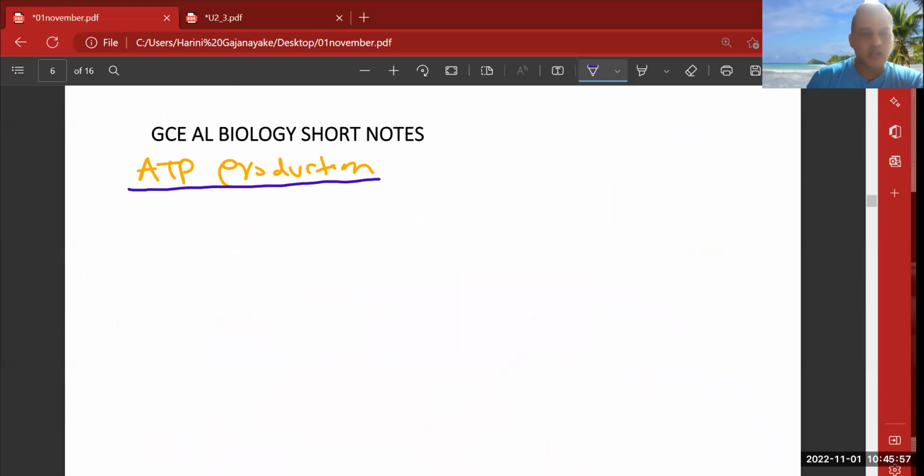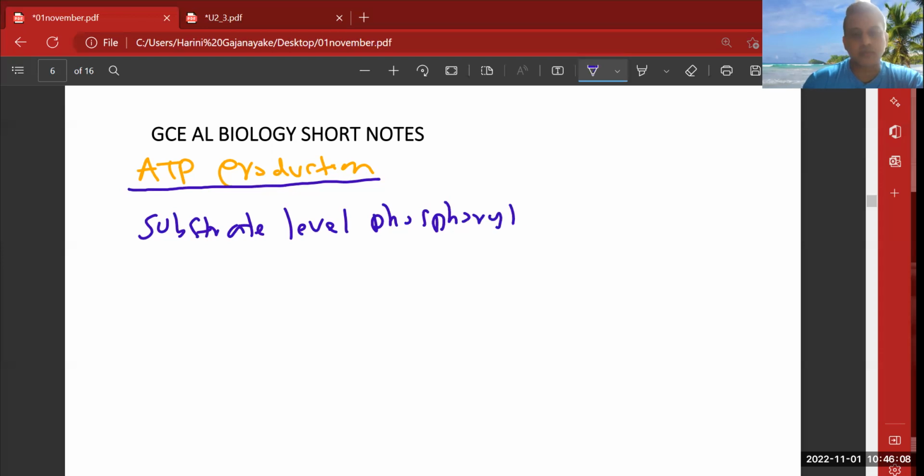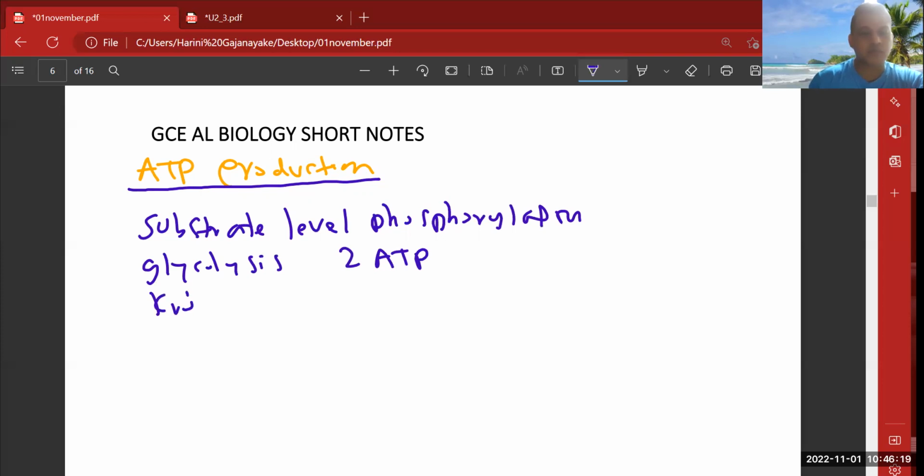Substrate level phosphorylation: we have seen glycolysis, net production is 2, and the Krebs cycle, 2 ATP.